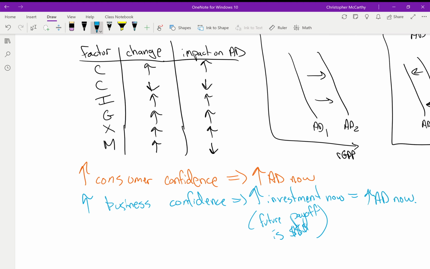And obviously, conversely, if either one of these things drops, then consumption and investment spending declines.